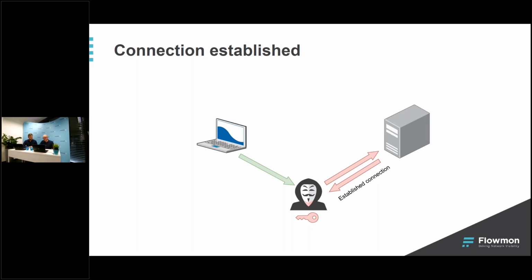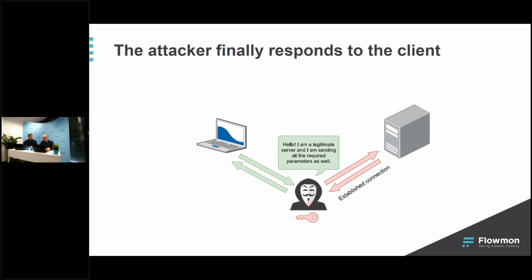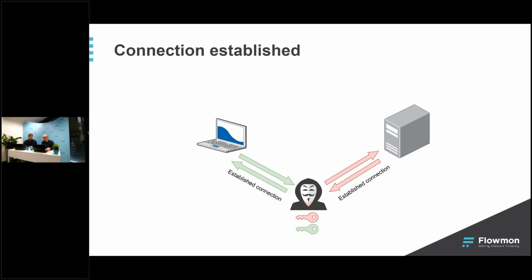All right. Now, when there is an established connection between the attacker and the legitimate server, the attacker finishes the negotiation with the client, but to the client he pretends that he's the server. He responds like a server and establishes a connection with the client as well.